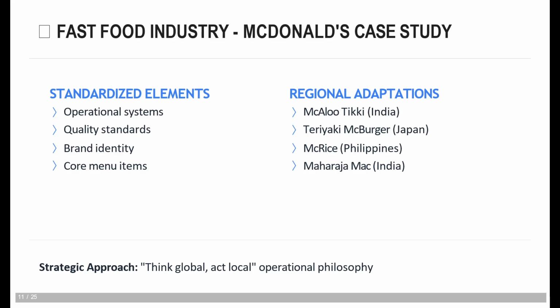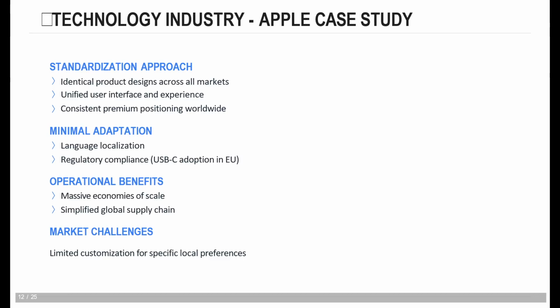This strategic approach, think global, act local, is embedded in their operations. This strategy has enabled McDonald's to succeed in diverse markets, often outperforming local competitors. For example, in France, McDonald's offers macarons and espresso to appeal to local tastes. Let's go to the next slide.